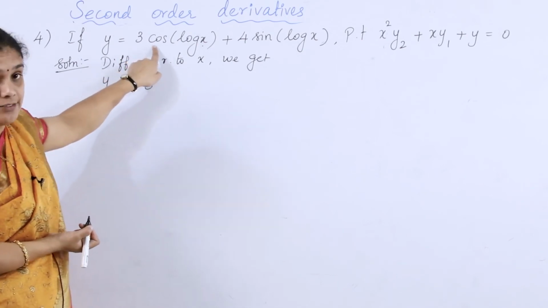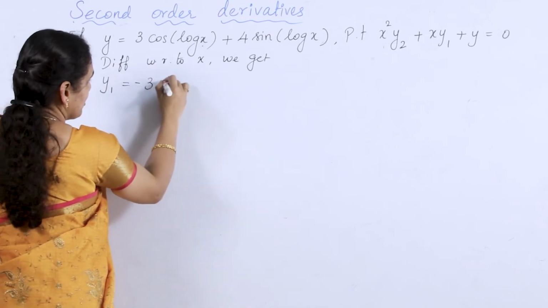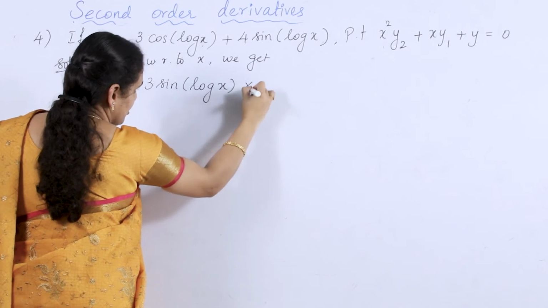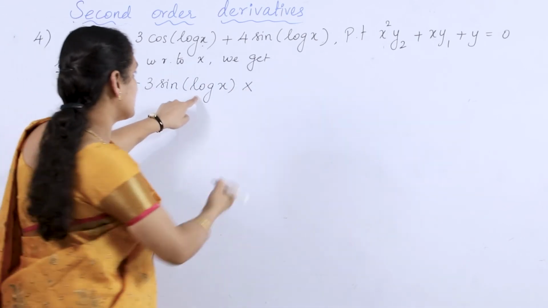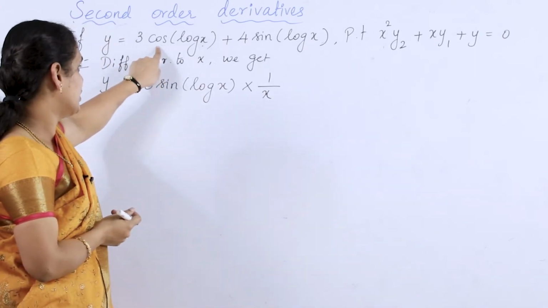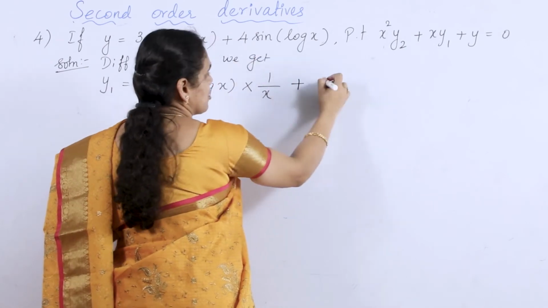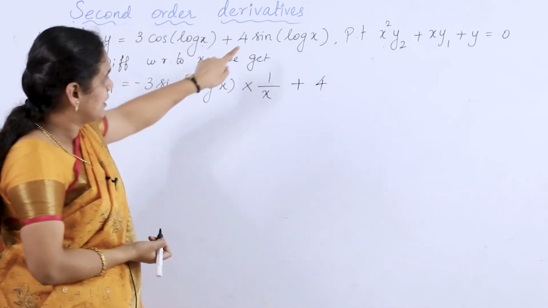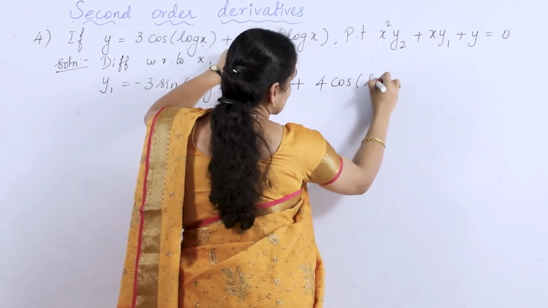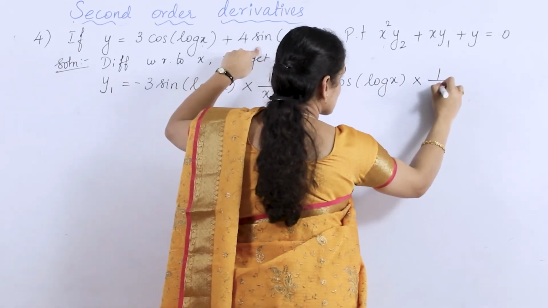And derivative of cos is minus sin, therefore I put the minus here, minus sin log x into derivative of log x, which is 1 by x. Chain rule here, 1 by x. First I have differentiated this cos and then log x. Plus 4 is a constant, so let it be the same. And derivative of sin is cos. So cos log x into derivative of log x is 1 by x.